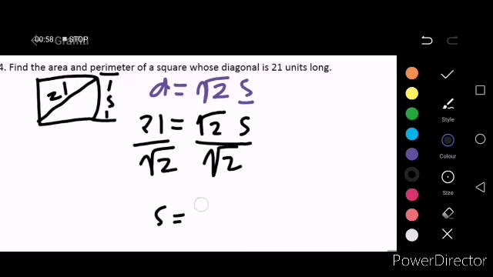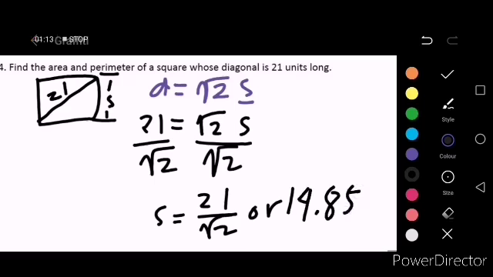S now is equal to 21 over square root of 2. Or, dividing it, it will give you 14.85 units. Okay? Yan, meron na tayong S.